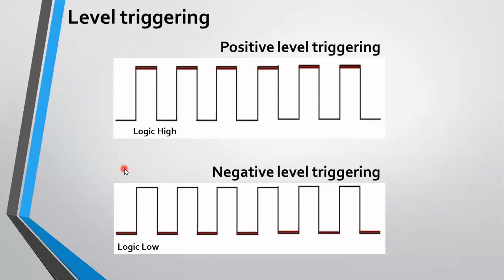In negative level triggering, we will get a change in state when we give a logic low, whereas in positive level triggering, the circuit will be activated in the high state of the pulse.